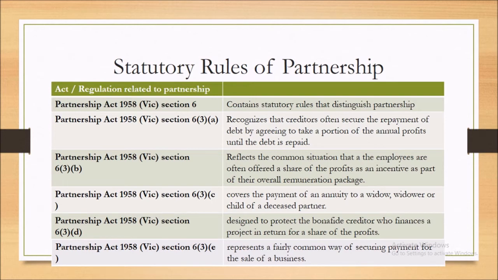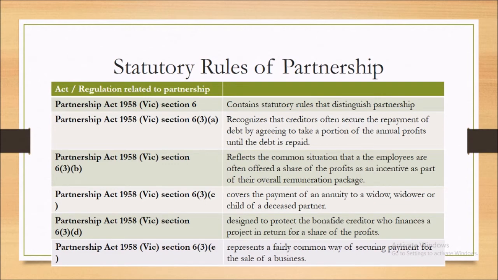Then in the Partnership Act of 1958 in Victoria, Section 6(3)(c) covers the payment of an annuity to the widow or child of a deceased partner. Let's suppose that in some case a partner is deceased, right?